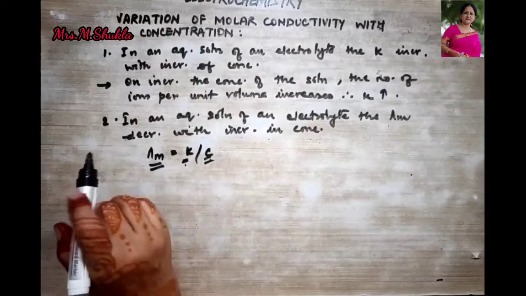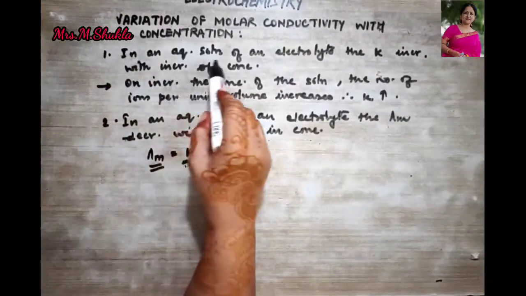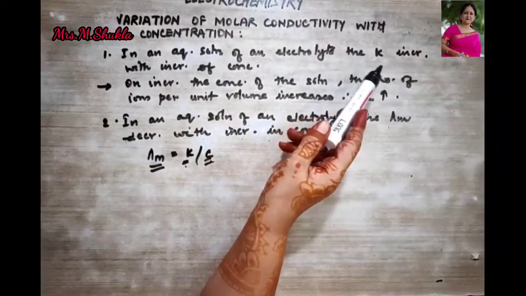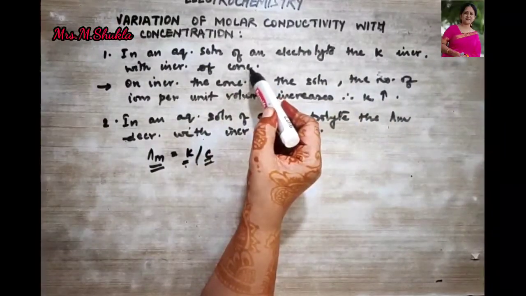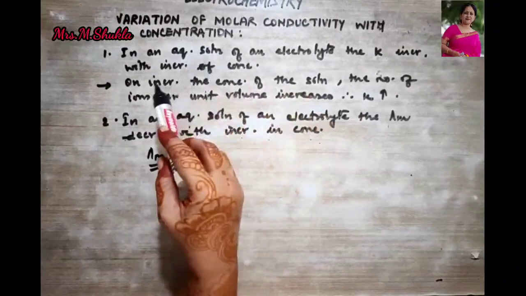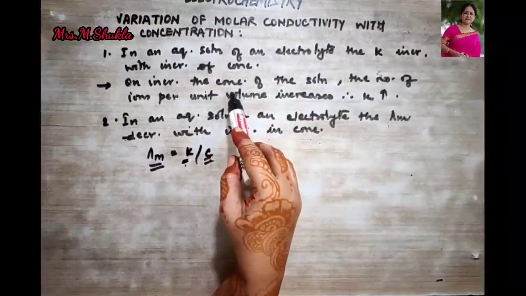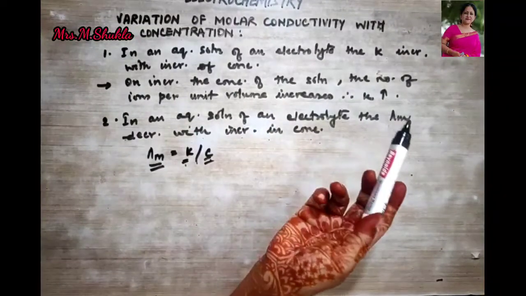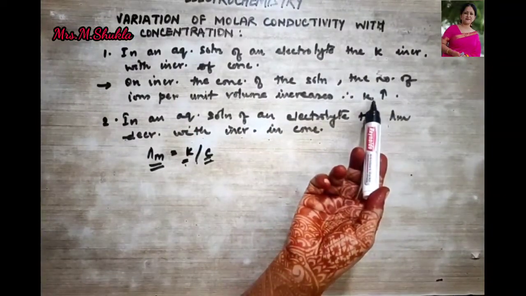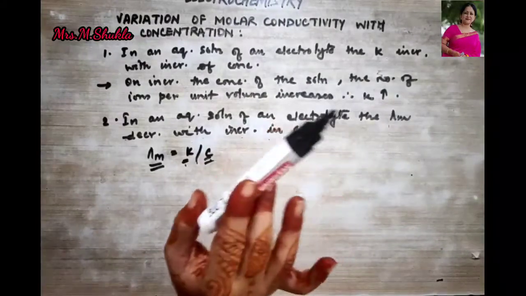Clear? Now another question: in an aqueous solution of an electrolyte, the specific conductivity decreases with dilution. Why? On diluting the solution, the number of ions per unit volume decreases, and therefore your specific conductivity also decreases.